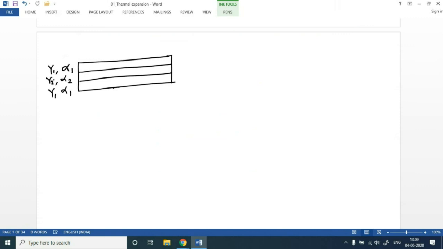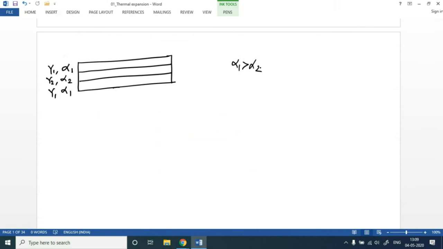Again you should realize that if alpha 1 and alpha 2 are different, say alpha 1 is greater than alpha 2, the outer materials will try to expand more and the inner material will try to expand less, and in this quest they will exert some stress on each other.